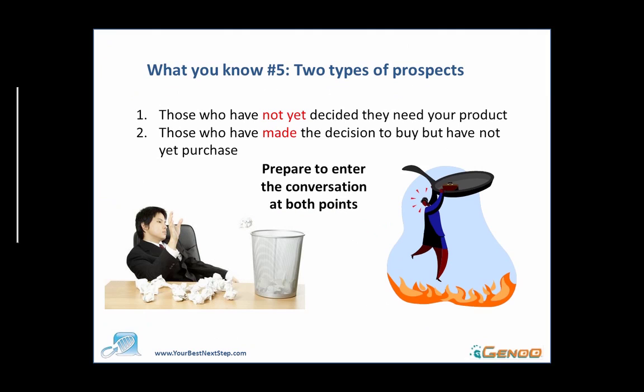And that is, there are two types of prospects: those who have not yet decided to buy your product, and those who have already made the decision to buy but have not yet purchased. The guy on the left is crumpling up paper and playing basketball with his wastebasket. That's a guy who has not yet decided he needs your product. In fact, he might not even be thinking about it.